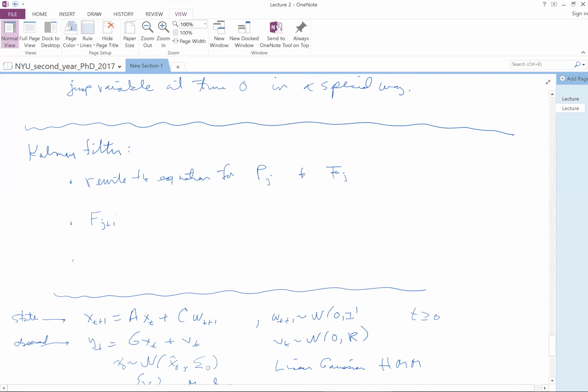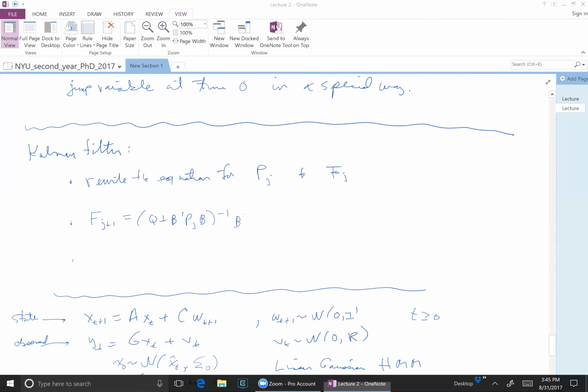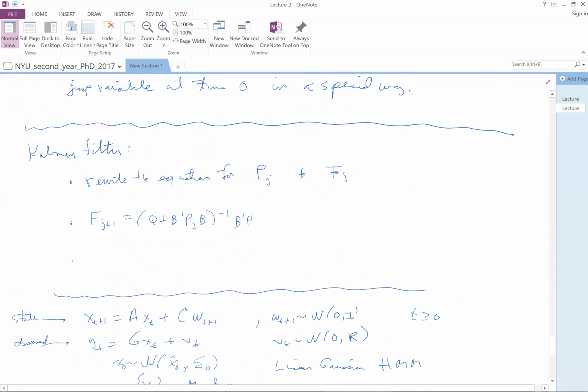We would have gotten this equation. And we would have gotten this equation.